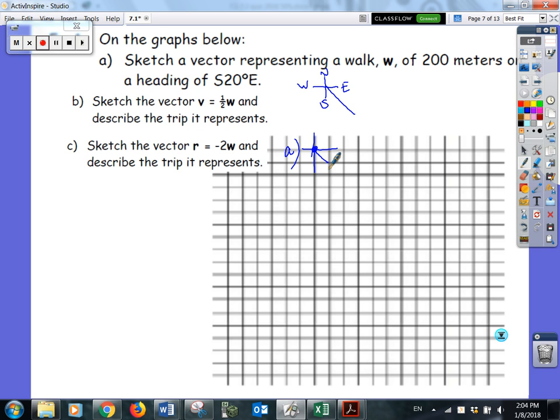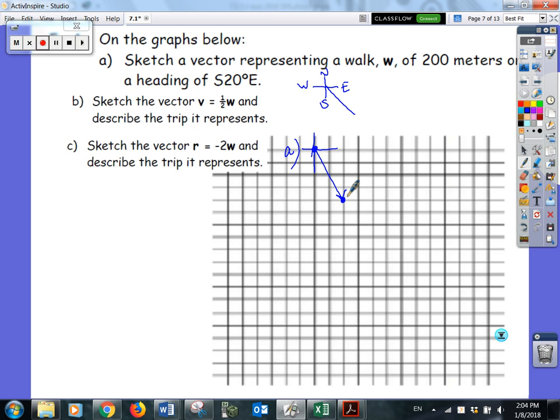Well, I don't want to be in half. I want to be 20 degrees. So therefore, when I draw my endpoint, I need to be a little bit less than straight out the middle. So I'm going to say this point right here. I'm going to draw that vector.